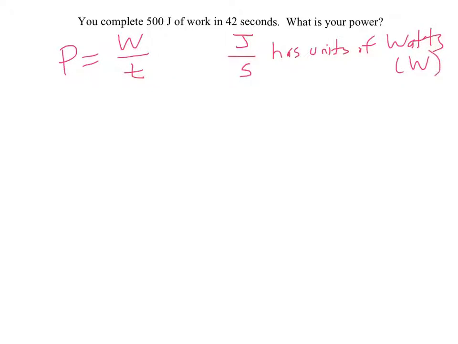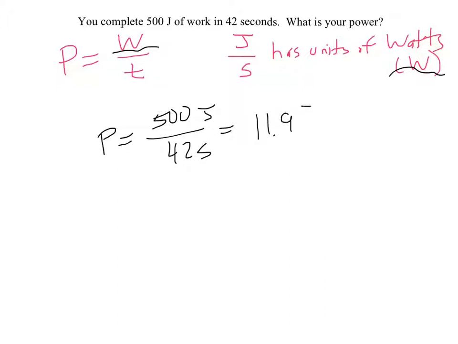So don't get this W, watts, confused with this W, work. It's all about context, and I'll show you in a second. So in this case, what is the power? The power in this case is equal to 500 joules. It's done in 42 seconds, and so we just divide 500 by 42, and that will tell us our power, which comes out to 11.9 joules per second, or 11.9 watts.